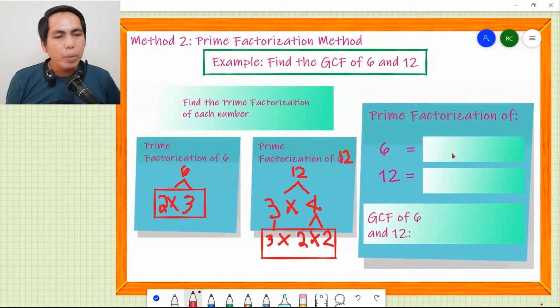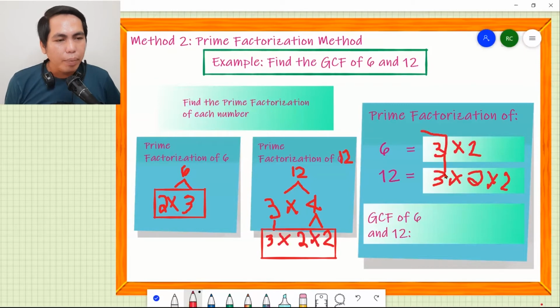Now, we are going to write here the prime factorization of 6, which is 3 times 2 or 2 times 3. For 12, you have 3 times 2 times 2. And then we are going to identify the prime factors that are common. So we have here 3 common. So we will write it here, 3. We have also 2 as common prime factor, so times 2.